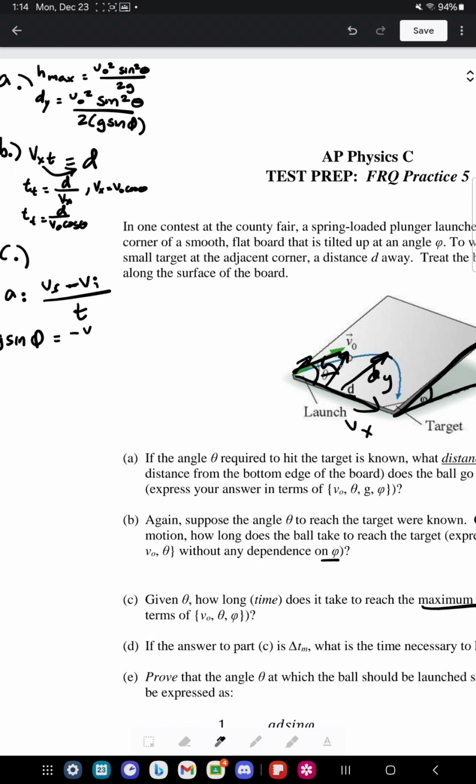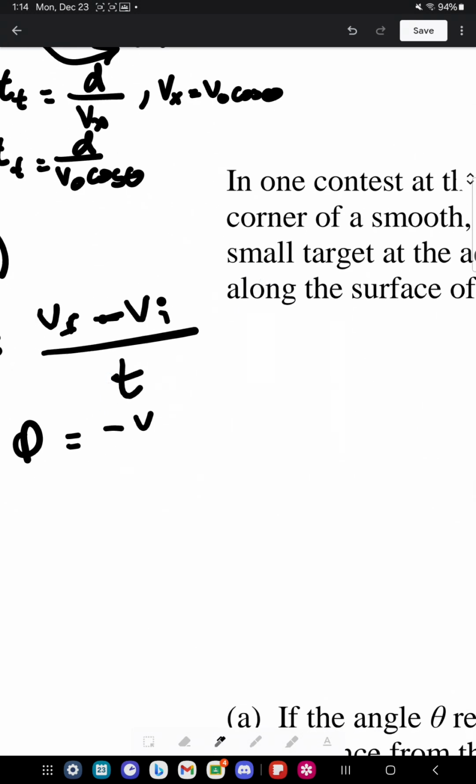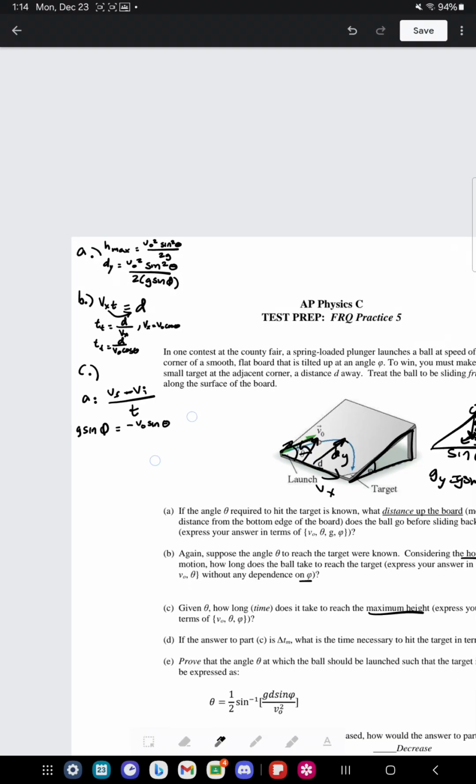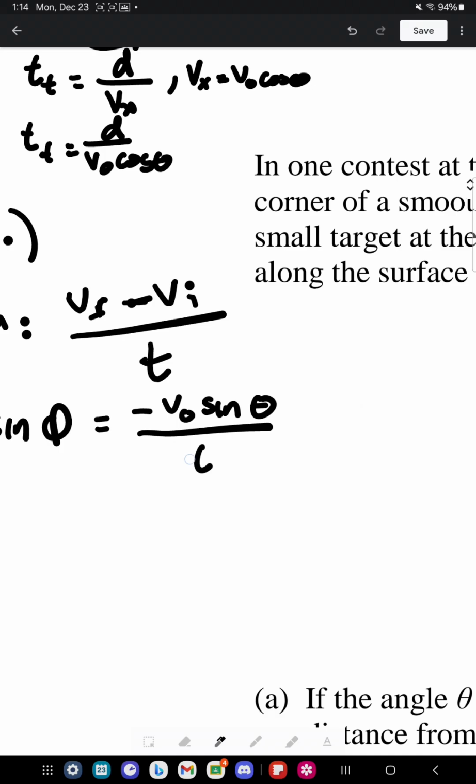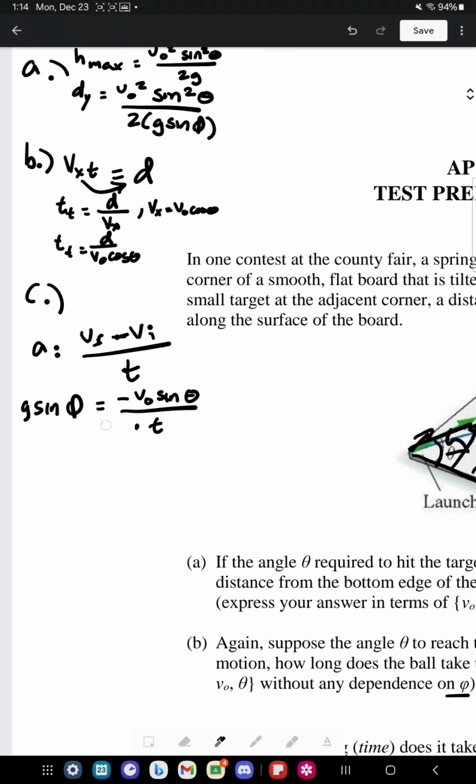That is offset over hypotenuse, so that is v0 sine of theta, and that's over t. If I multiply t over and divide, I get t equals negative v0 sine theta over g sine of the second theta.